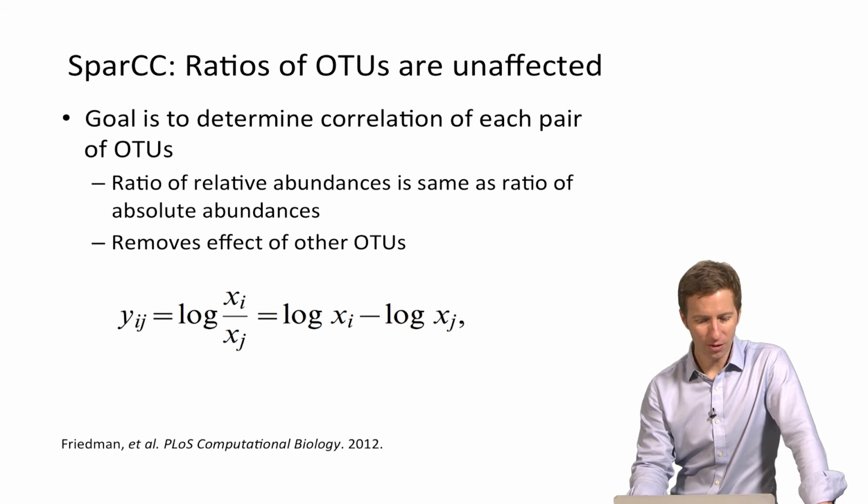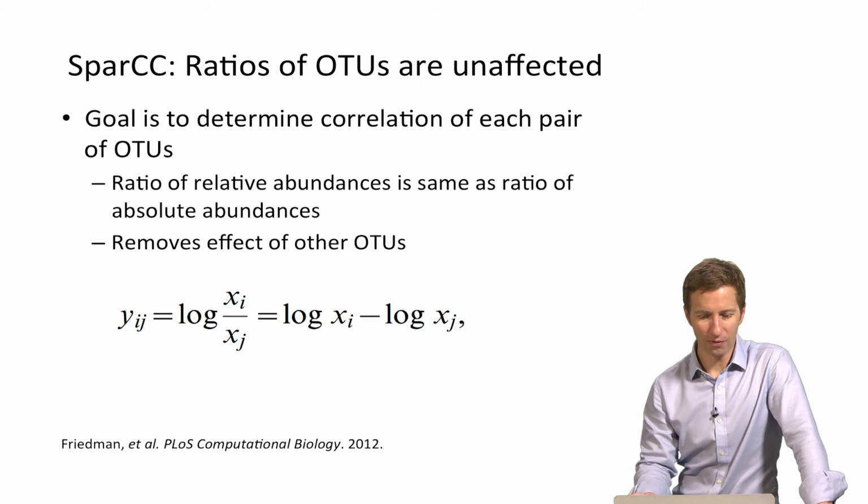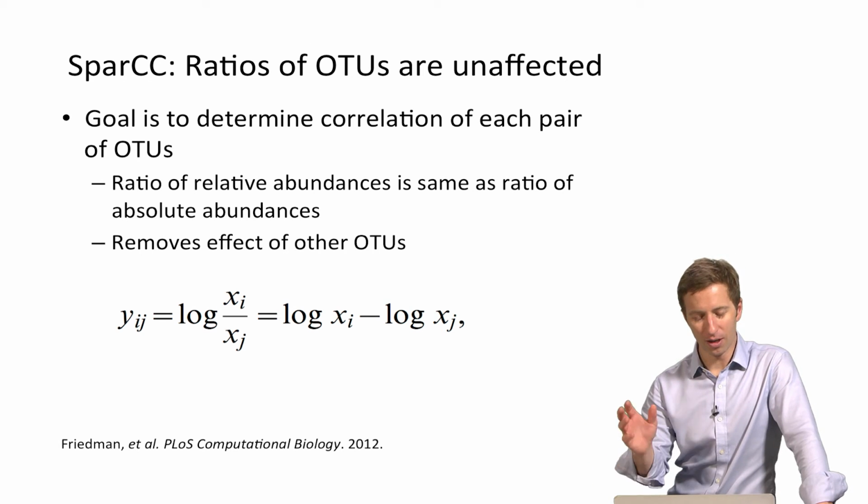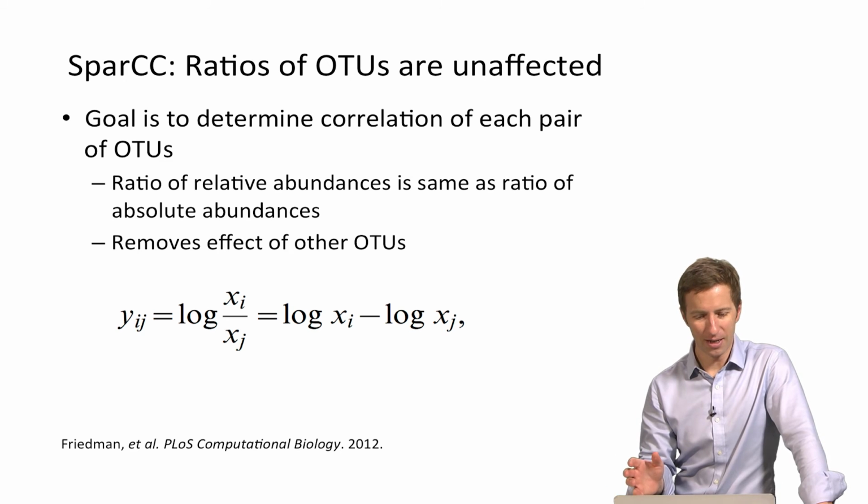The way that it does this is fairly clever and is built on a lot of theory that was published in the macroecology literature over the years, or not necessarily macroecology, but in high dimensional analysis.